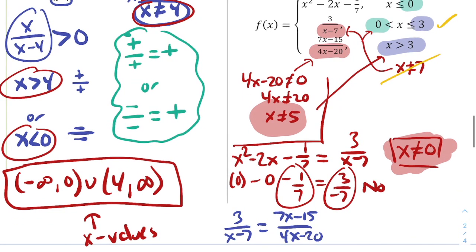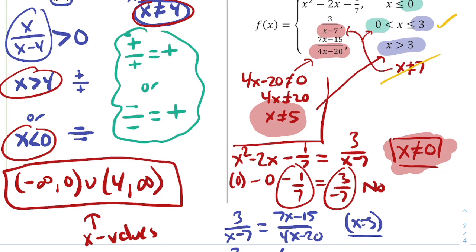If we plug in 3, we would have 3 over 3 minus 7, which is negative 4. And then 7 times 3 is 21 minus 15 should be 6. 4 times 3 is 12. 12 minus 20 is negative 8. Oh, hey, 3 over negative 4 is equal to 6 over negative 8. That's good. So x equals 3 is fine.